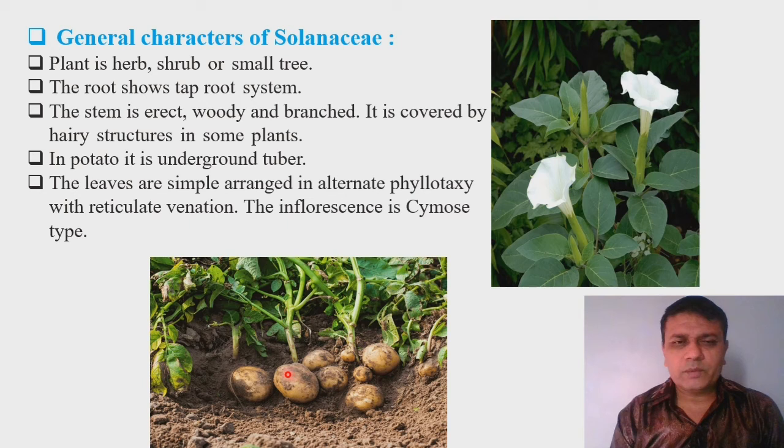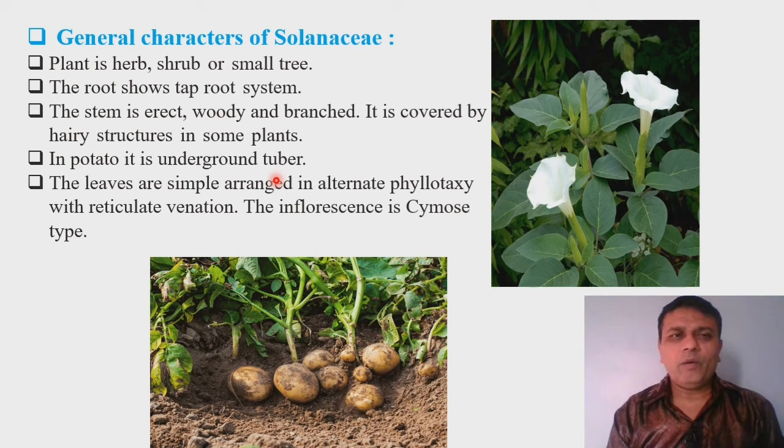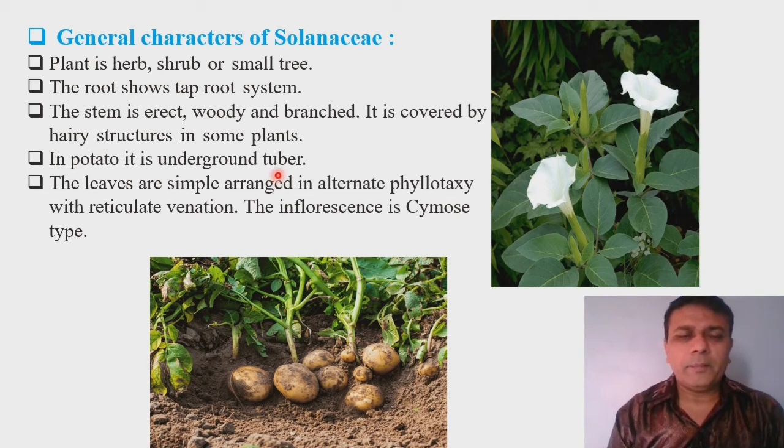Potatoes are developed by the enlargement of the underground branches developed from the stem, and such an enlarged structure, that is potato, is called an underground tuber. It is the modification of stem which stores food material, and hence it is called a stem tuber.